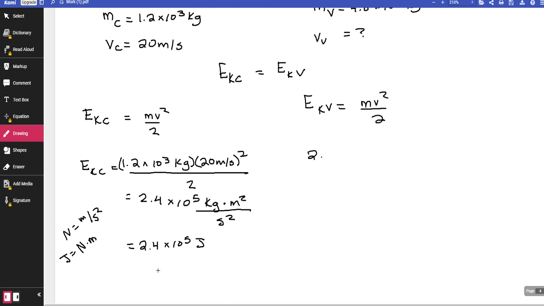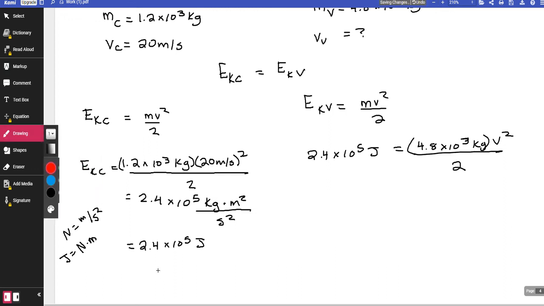I have 2.4 times 10 to the 5 joules is equal to, we know our mass of the van, it is 4.8 times 10 to the 3 kilograms, v squared divided by 2. So then what we're going to do is multiply by 2.